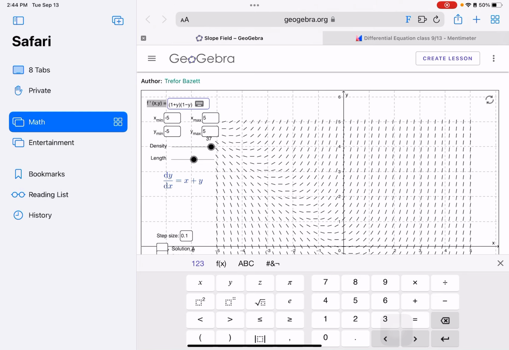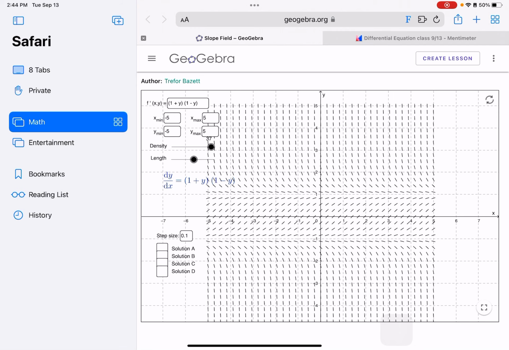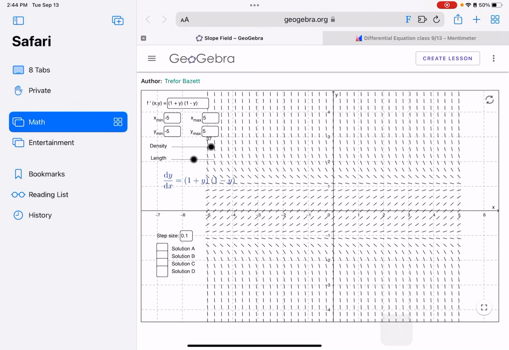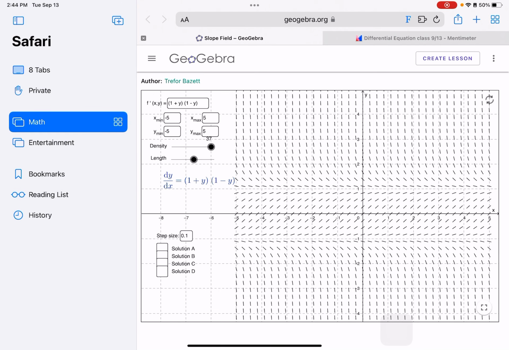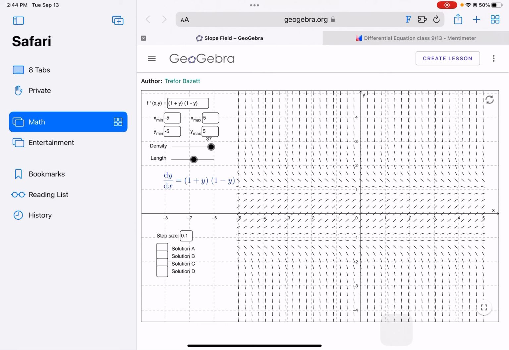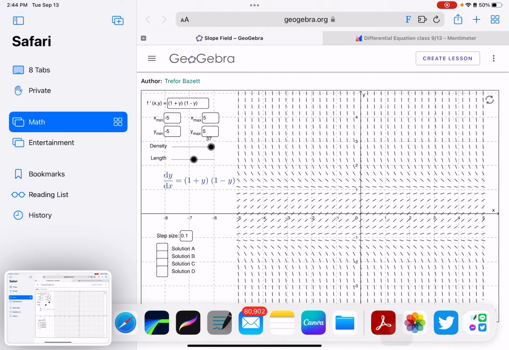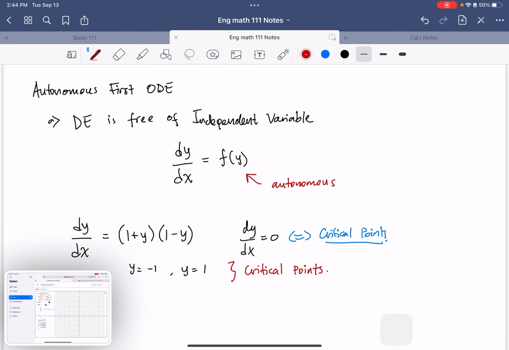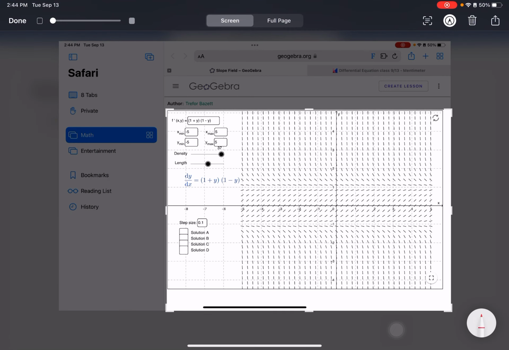This is our curve. Let me take a screenshot and move to our slide.